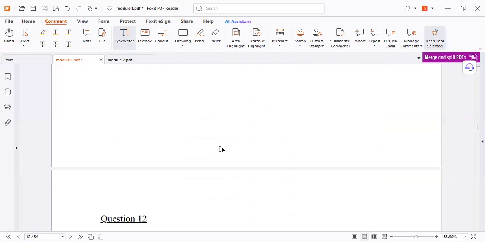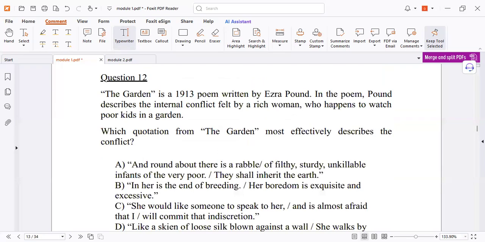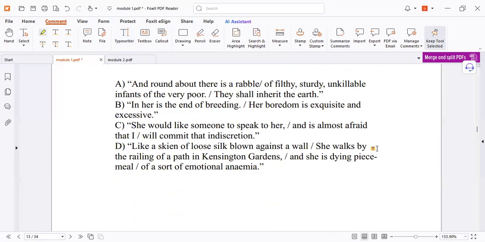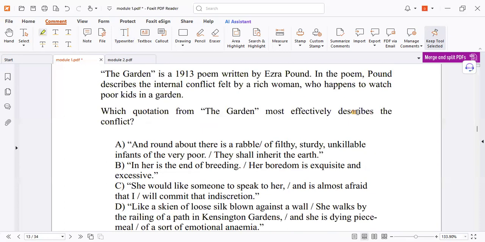Now let's go. Number 12. Number 12, I chose D. Letter D? No. Let's read. Remember the conflict? Internal conflict between him and himself.